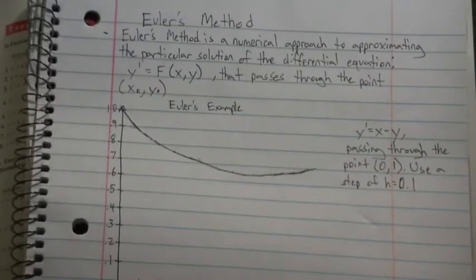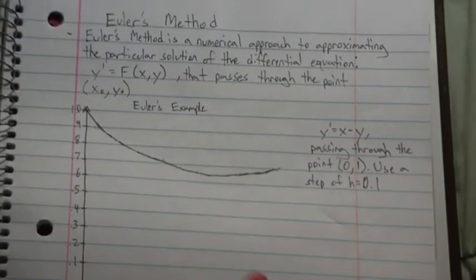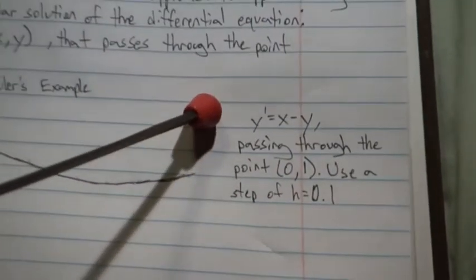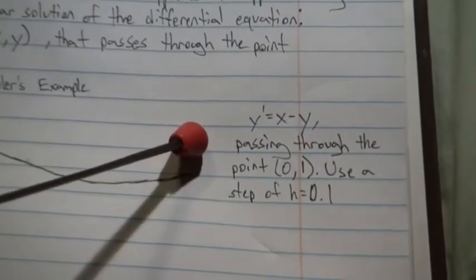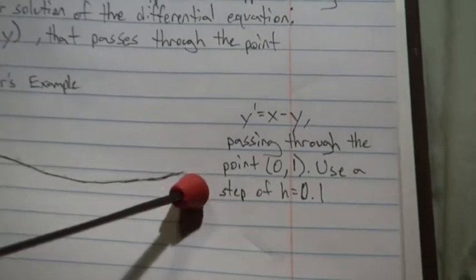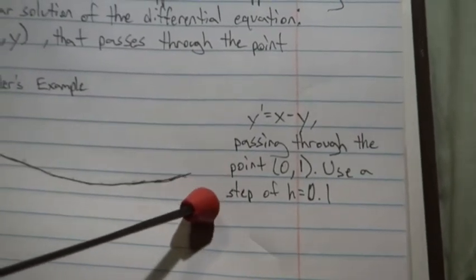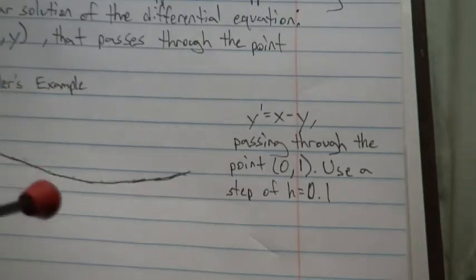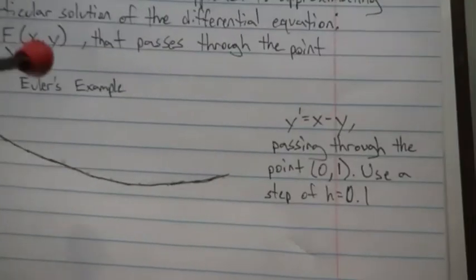First example we got is y prime equals x minus y, passing through the point (0, 1) using a step of h equals 0.1. On these questions, they usually give you a graph.